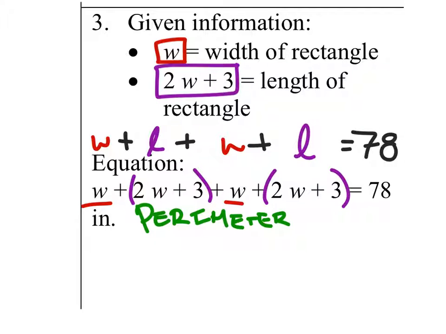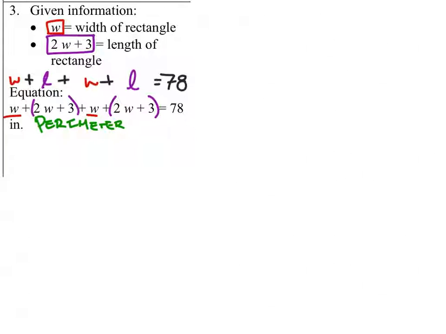What is W? Well, more specifically, what is the width? Very good. So we'll want to specify that in our sentence. Starting with the width. What is the width? And we can be more specific of the rectangle. Okay, so that takes care of the width right here.